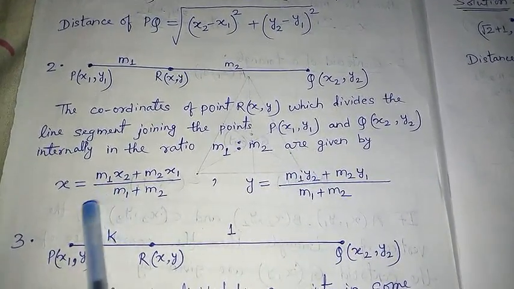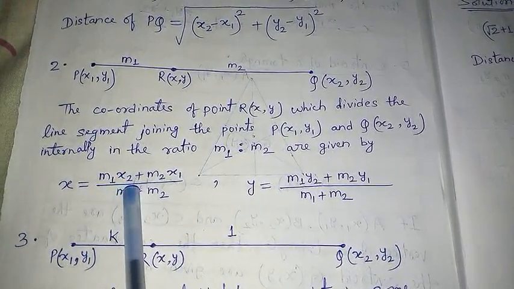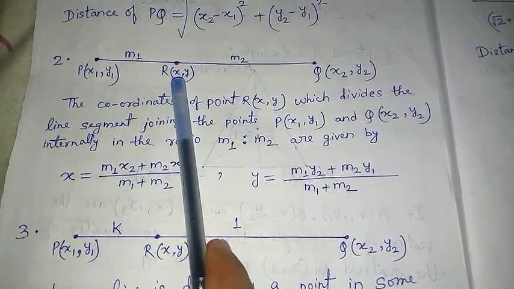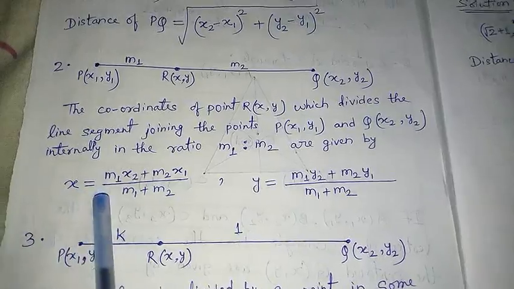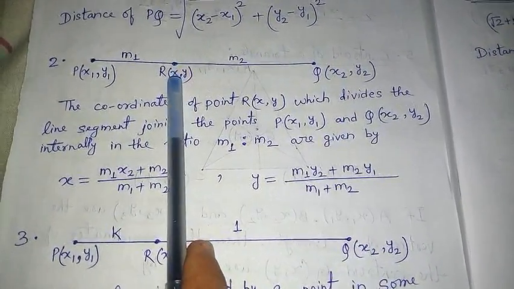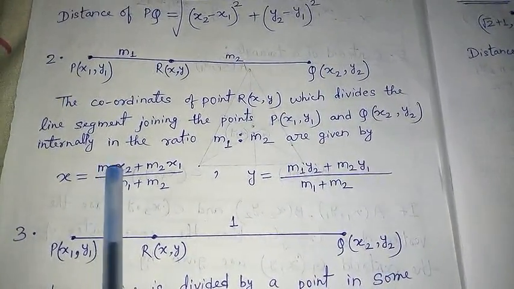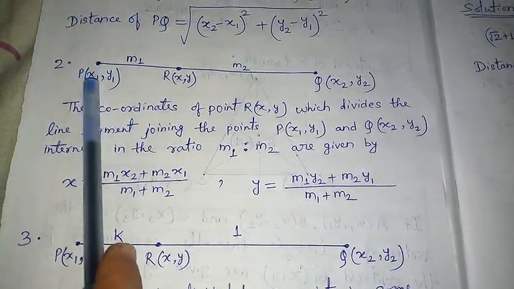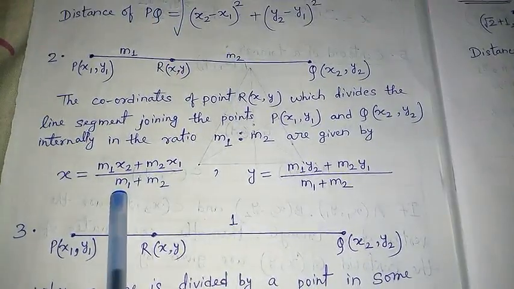x equal to m1 into x2. Now what we do, we take first the x, the abscissa, from the middle portion: x equal to m1, this ratio, into x2 plus, if I take m2, then m2 will multiply with x1, divided by the addition of m1 plus m2.